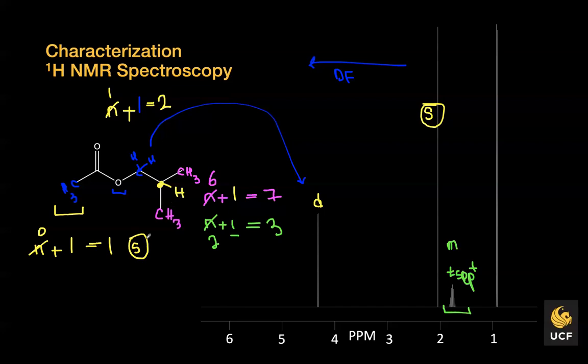And now the only thing that is left is those 2 methyls. This methyl and this methyl have the same exact environment. They'll count as 1. And then again, we do the n+1 rule. One bond away, we only have a single hydrogen, so that's 1 plus 1. So that's 2, so that's a doublet, and we have a doublet right here.